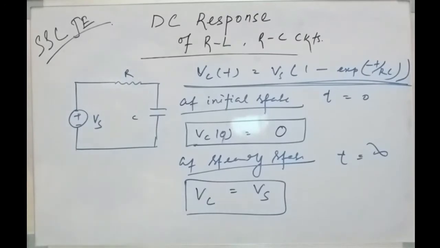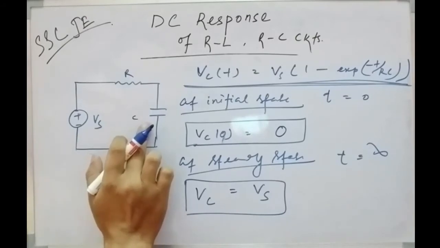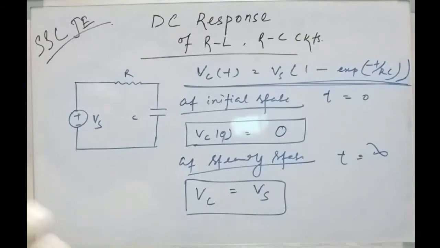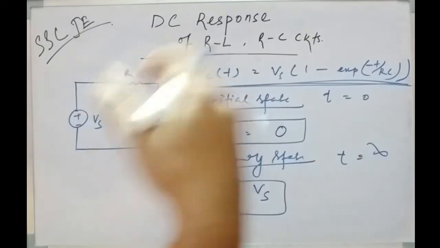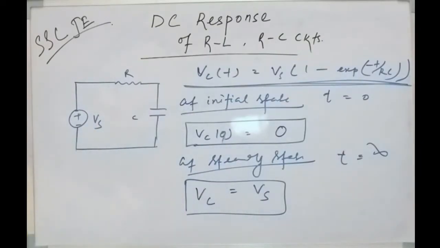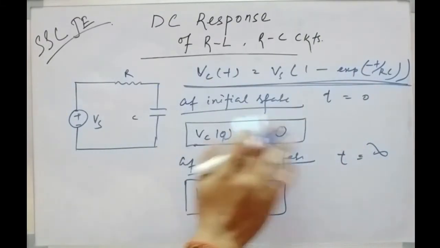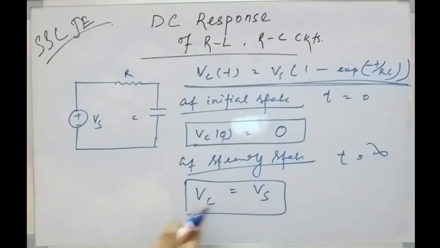Remember this, you are going to need it to solve MCQs. The highest capacitive voltage can be the source voltage. It can be charged up to Vs, because the response of this RC circuit shows this. At the initial state Vc is 0, and at steady state Vc is the source voltage.